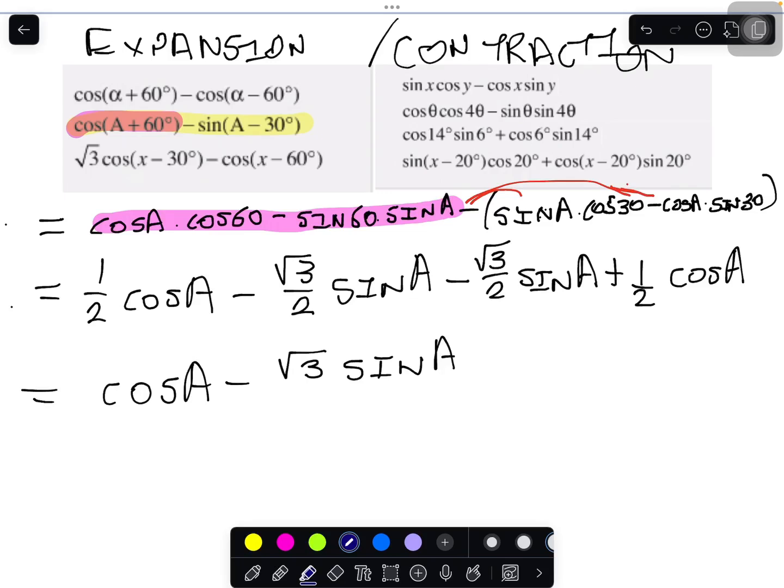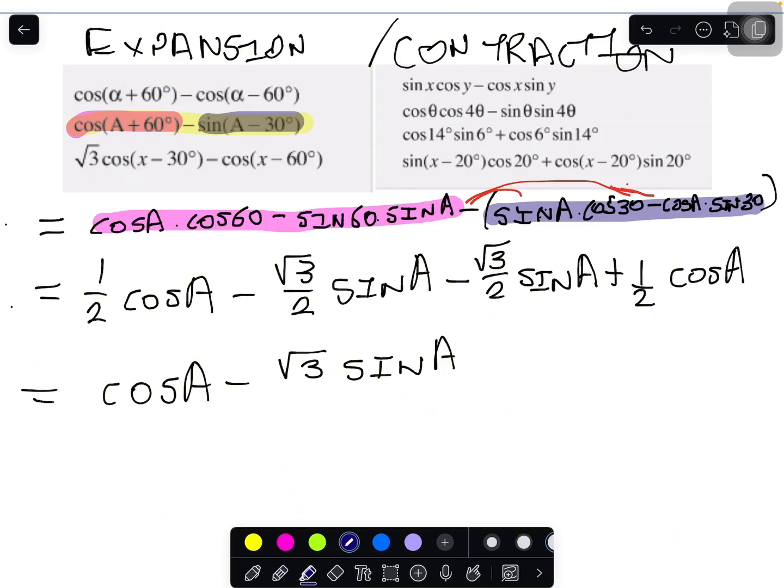We're going to now move on to our other one, where we go here, and I have sine A, correct, times cos 30, correct, minus cos A, correct, times sine 30, correct. So we just look right through here. We know we did it right. On to our next step. Cos 60 is a half. Right. Sine 60 is root 3 over 2. You check. Correct. We keep in the correct signs. Negative root 3 over 2 plus that. And this is our final answer.